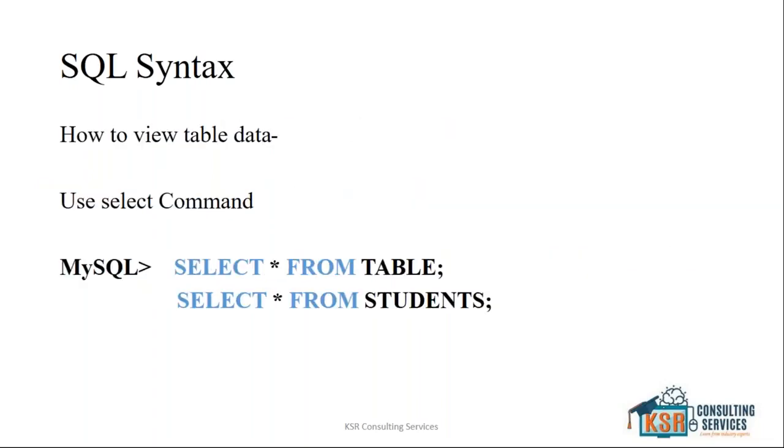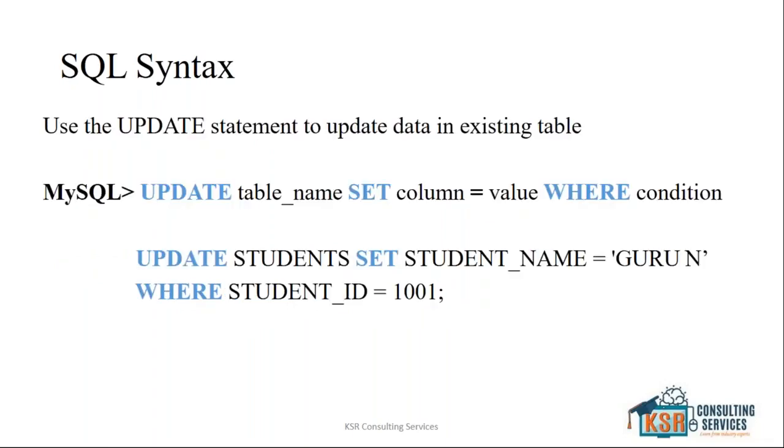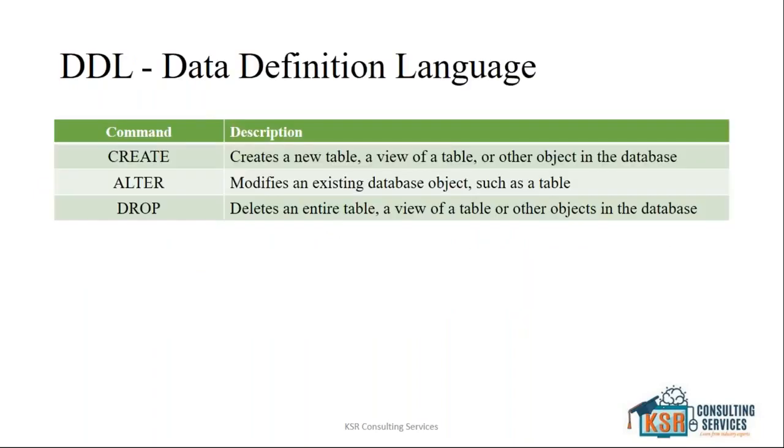Select star from table. If I want specific columns, in the place of star, give the column name. We have also seen the update statement. If something has been changed, we go and update it, and we group them all into DDL, data definition language.